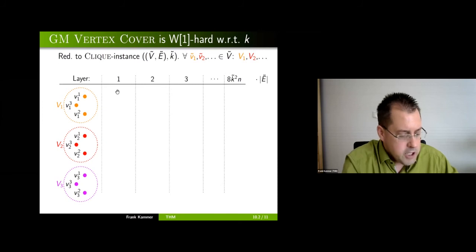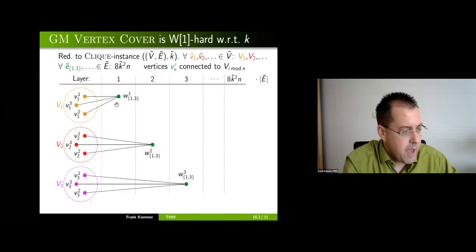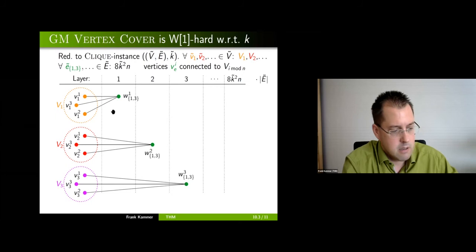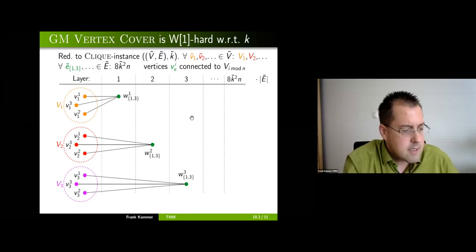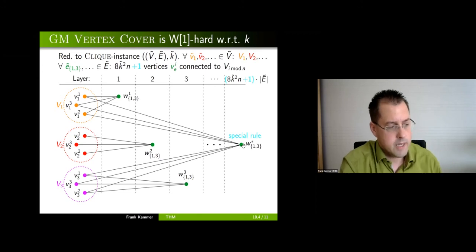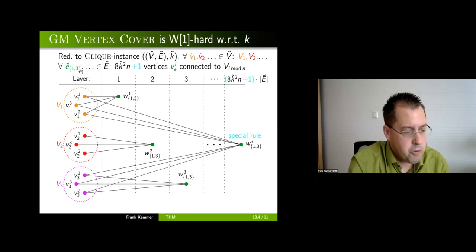And then for each edge in the clique instance, we have several layers. What is interesting is we have some special vertex, and if it's the edge, for example, 1, 3, then we have here a special vertex W star, which connects to all vertices in capital V1 and capital V3.